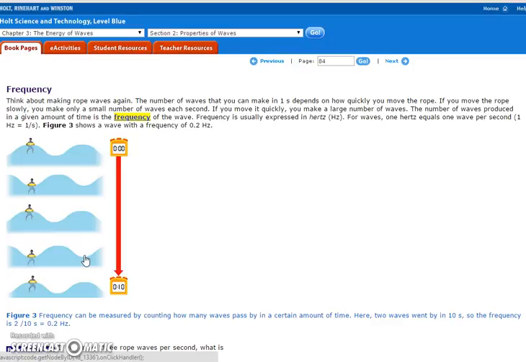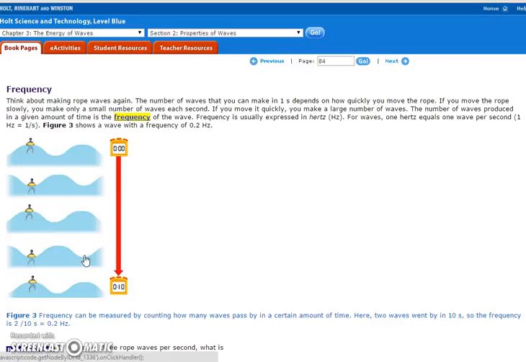Higher amplitude means more energy, lower amplitude, less energy. Higher amplitude means shorter wavelength, so shorter wavelength also equals more energy. Conversely, a longer wavelength, I should say, equals less energy.